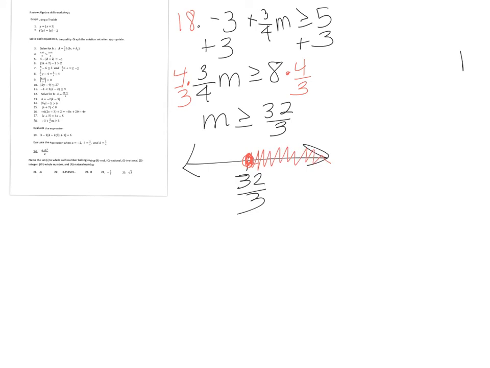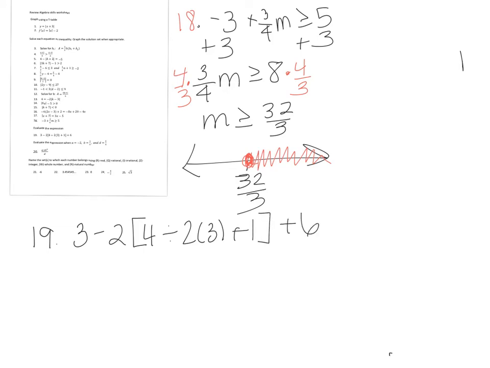Okay, number 19, evaluate the expression 3 minus 2 bracket 4 divided by 2 times 3 plus 1 bracket plus 6. So your brackets and parentheses are similar, so I'm going to do what's inside the bracket first.